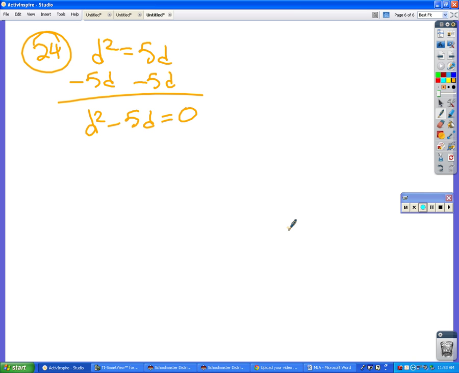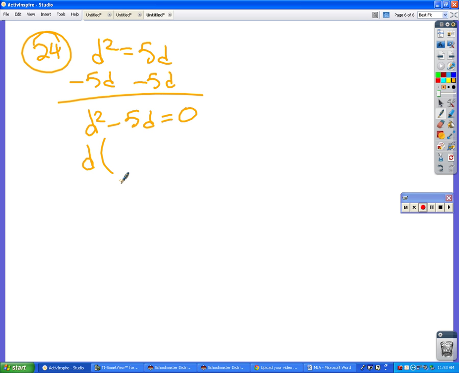Now there's two ways that you can think about what happens next. The more intelligent math way, which shows that you understand what you're doing, is to notice that this problem only has 2 terms in it, not 3 like the other ones. Since each term has at least one D, I'm going to factor out a D from both of them.